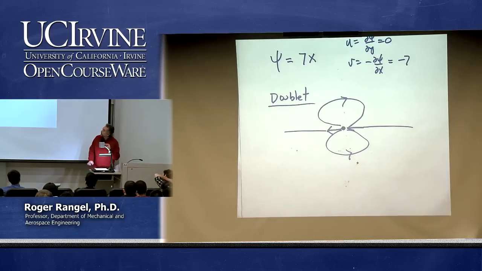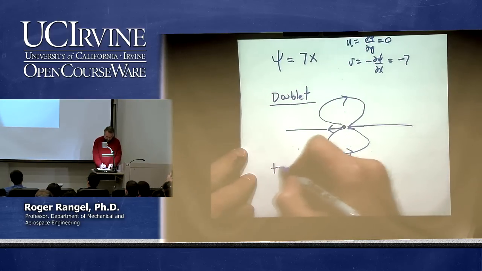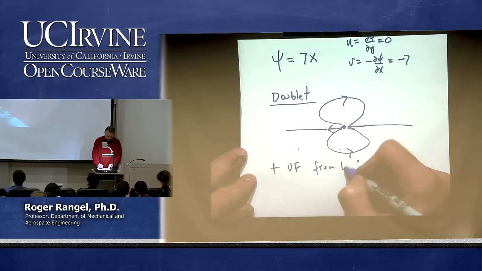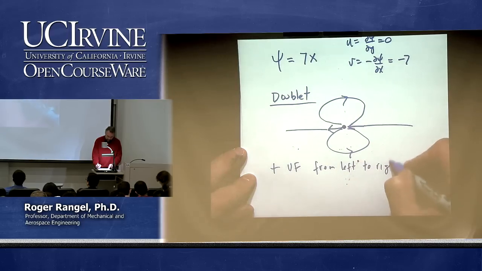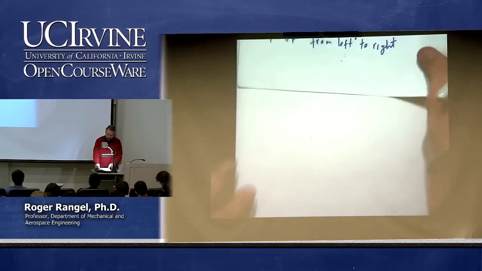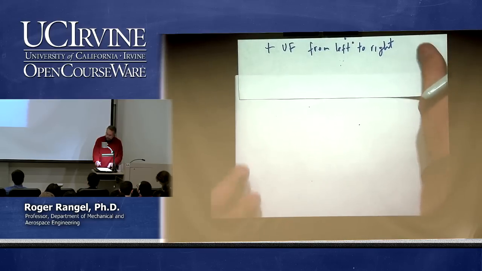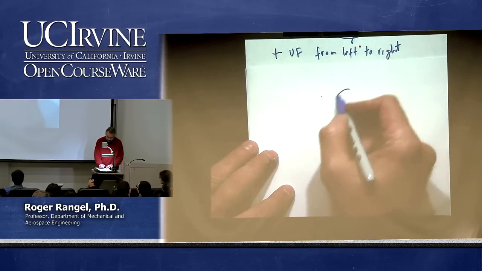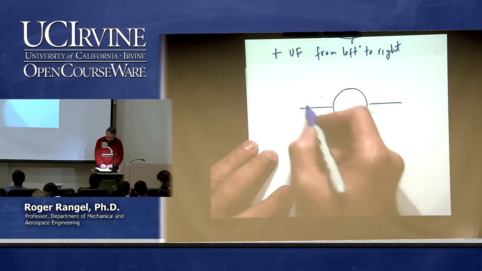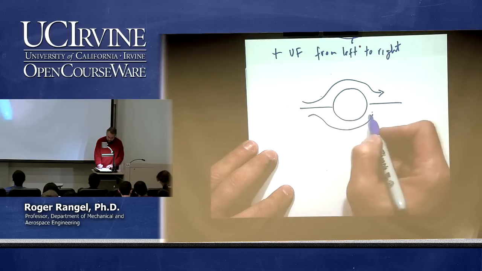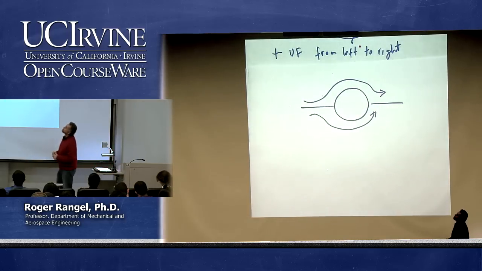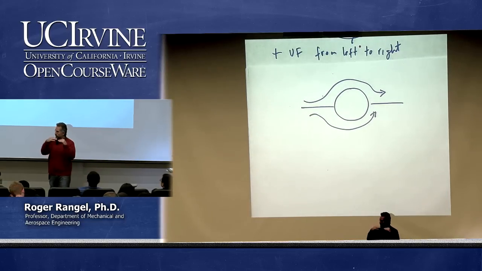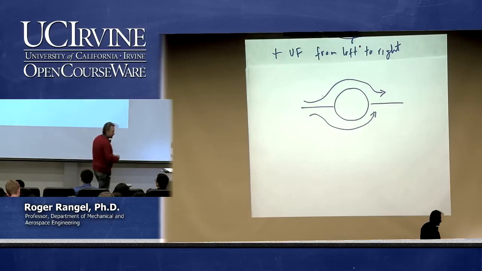So if I take this doublet and add a uniform flow from left to right, that's how I get the cylinder. So I have to match the doublet with the direction of the uniform flow. I have to put them in opposite directions, otherwise I get something else. I don't get the cylinder.